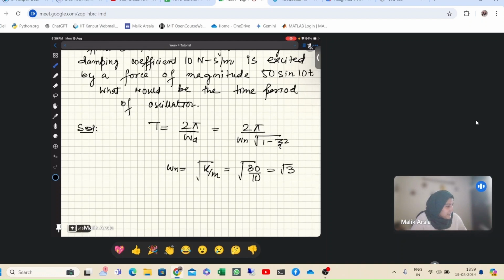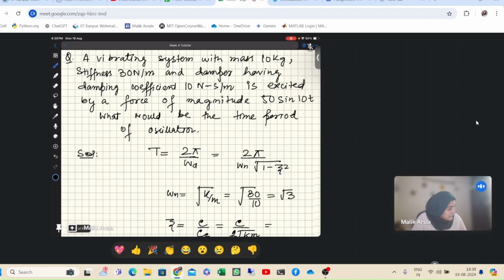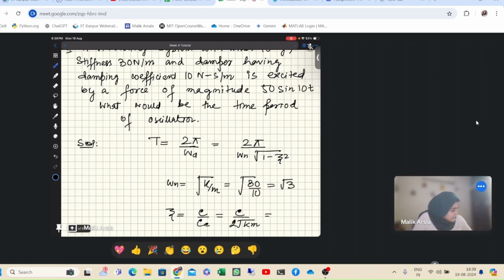And then for zeta, we know that zeta is equal to C upon Cc, and it can be written as C upon 2 root km. This formula you must remember. And now if we calculate it, C has been given as 10 and it's 2 into under root of 300. Okay, so let me calculate it.